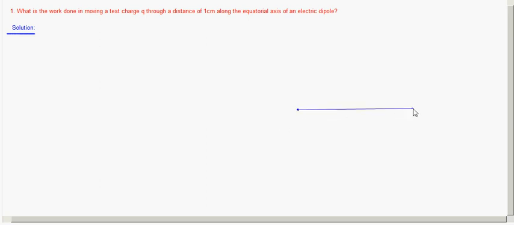Now if this is a dipole, say plus q and minus q, and O is the center, the equatorial line is the line which passes through the center and is perpendicular to the axial line of the dipole. So this line is the equatorial line.